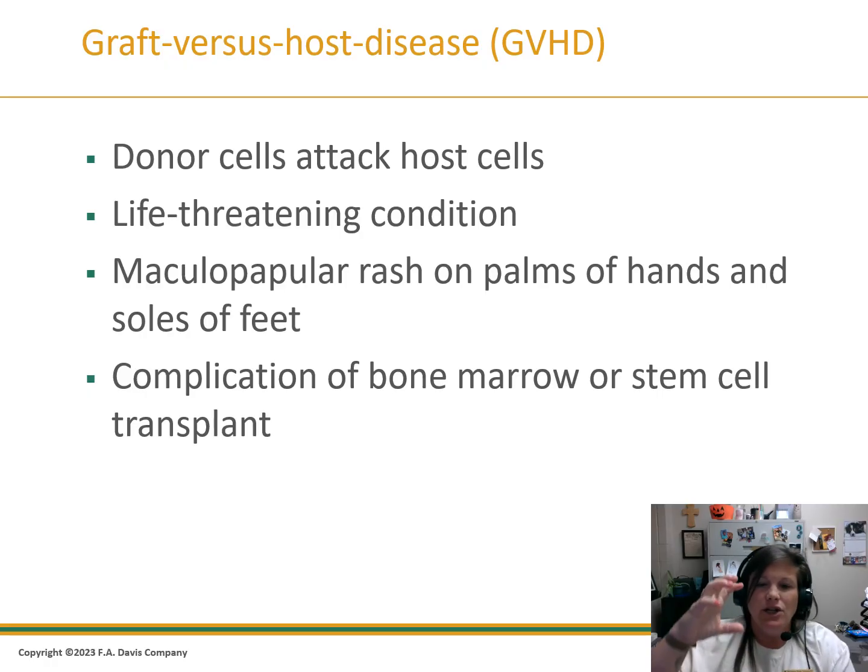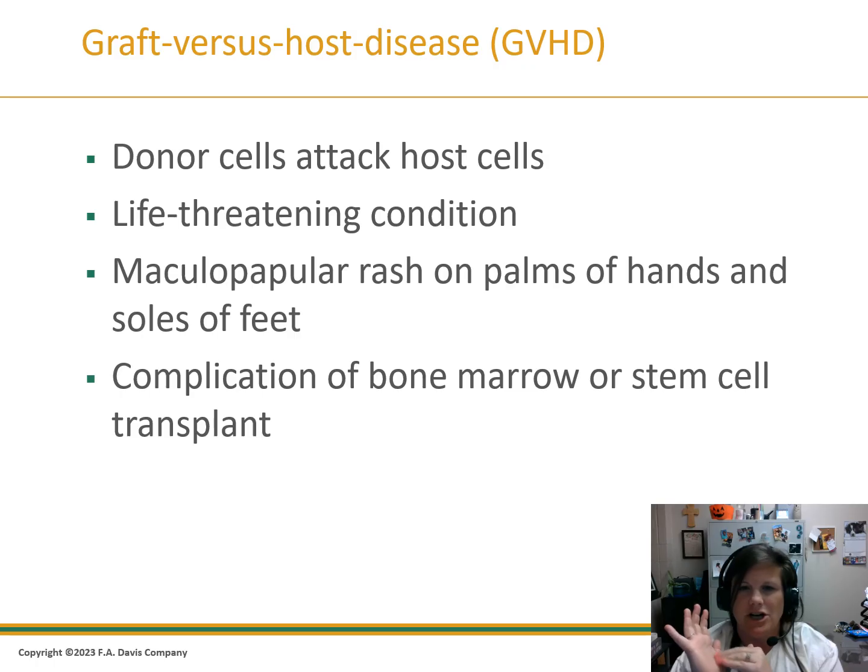So that's the larger bruising appearance, not like the petechiae. This is a complication, obviously, that can occur with bone marrow stem cell transplant that we're trying to avoid with the regimen, the medications that are trying to be given to prevent that rejection, but it doesn't always successfully do so.